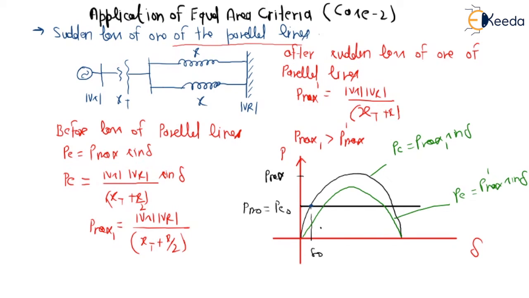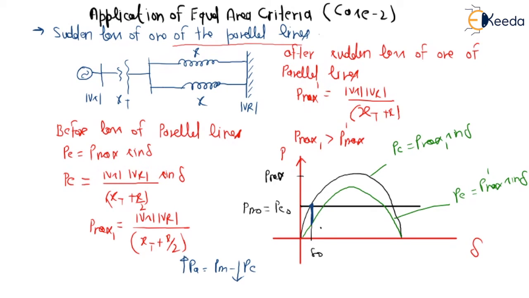When one of the parallel lines is lost, it will directly go to the second line, meaning P max dash. It will follow P max dash. Then what will happen, since Pa is equal to Pm minus Pe? The Pe value has been reduced, so the Pa value will be up.